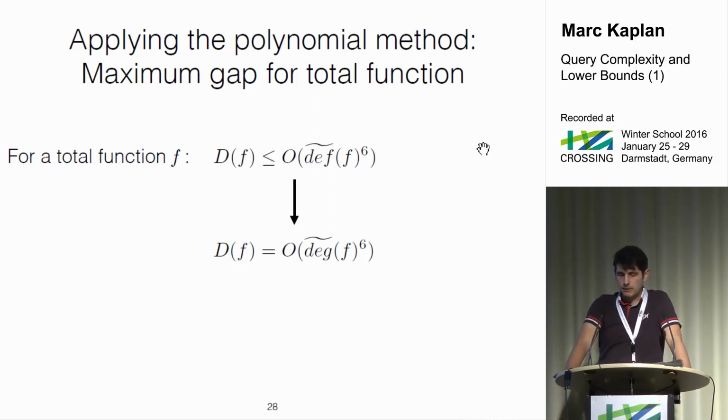So it means that for total functions, the gap between classical query complexity and quantum query complexity is at most 6.